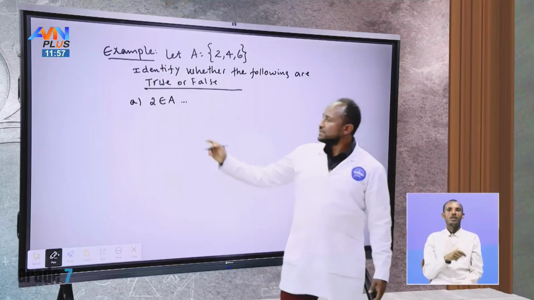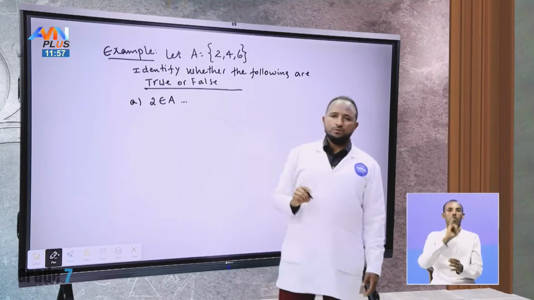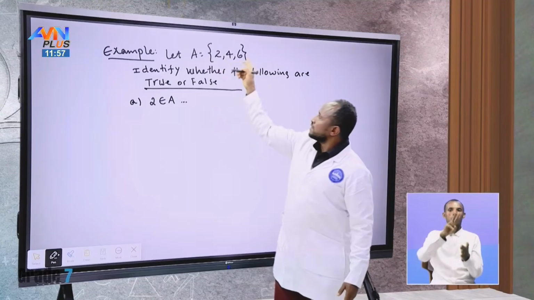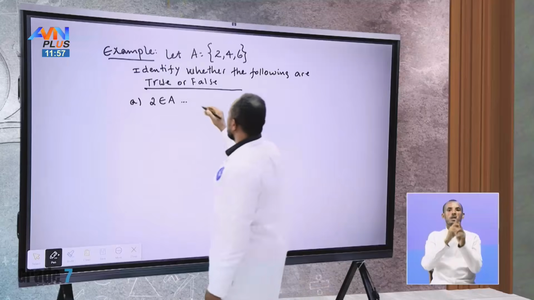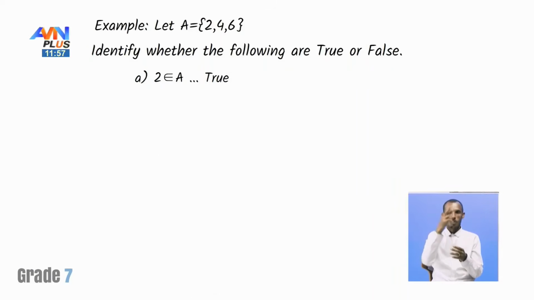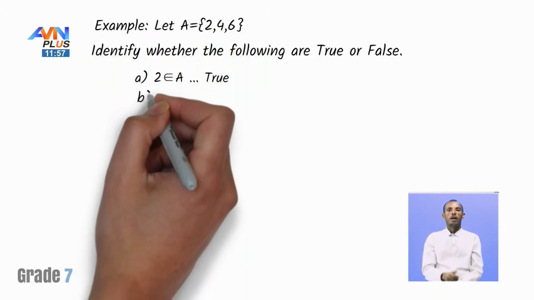First, let's read it. Here it says 2 is an element of A, which means 2 is found in this set. Yes, it is found, therefore it is true. So this statement is true.